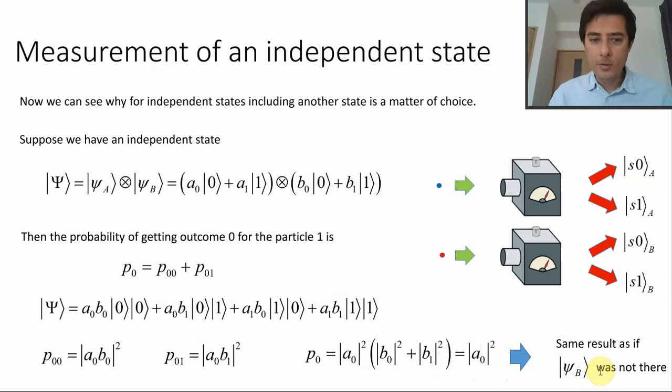So this basically shows that you can just tack on this additional independent state, and as long as you add over all the different cases where you get the result that you are talking about, in this case result 0, then you still recover the same probabilities as you did before, even with this composite system approach.